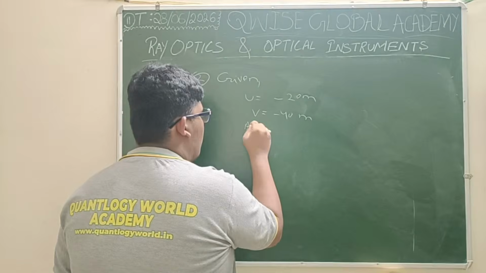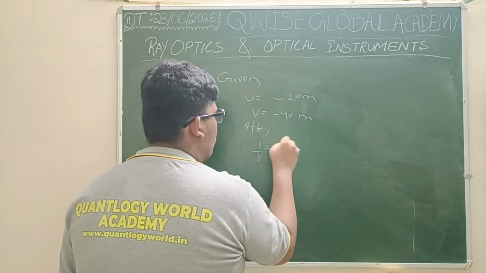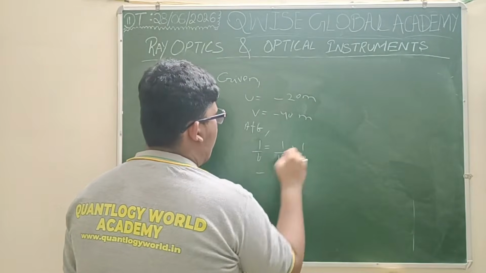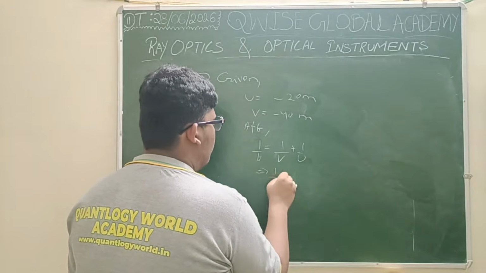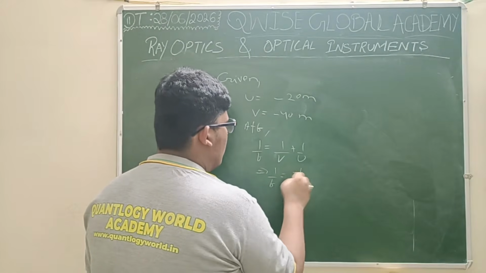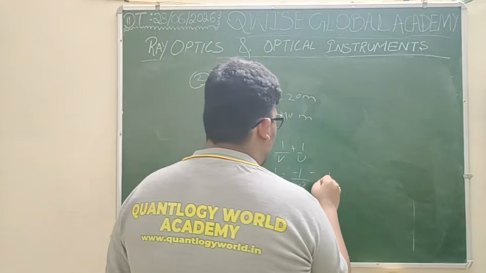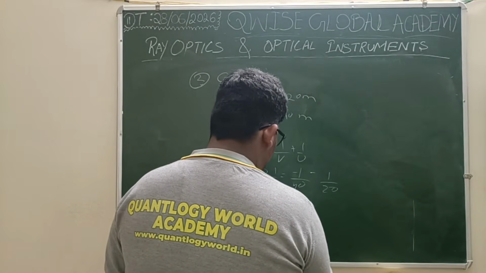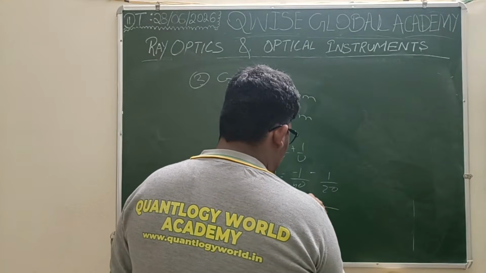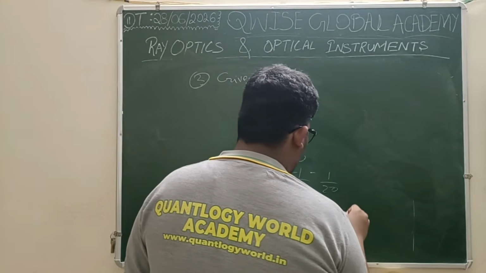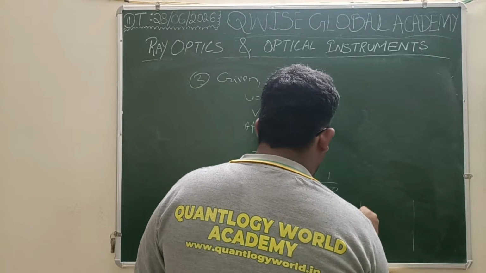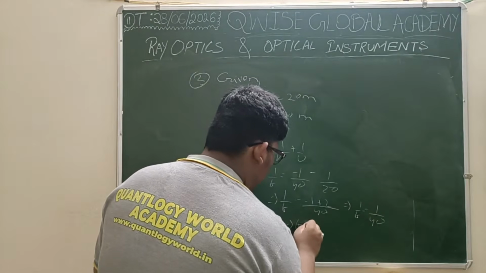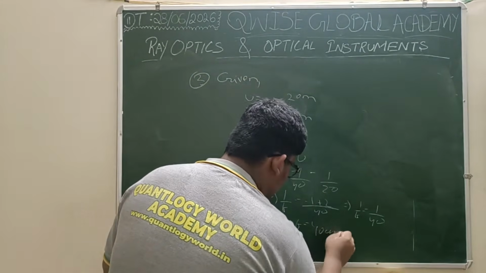According to the formula, 1 by f equal to 1 by v plus 1 by u, that is 1 by f equal to minus 1 by 40 minus 1 by 20. 1 by f equal to, 40, minus 1 plus 2, implies that 1 by f equal to 1 by 40. f equal to 40 cm.